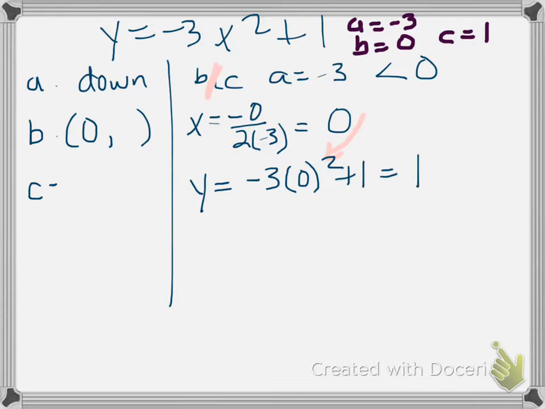So this here is the Y coordinate to the vertex. Now your axis of symmetry, because that's what it's asking for C, is just going to be X equals whatever this is. X is equal to 0. So those are 3 things you're looking for, 1 through 6.